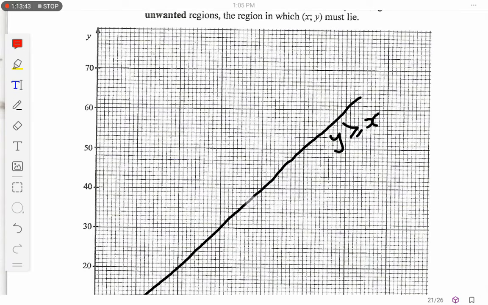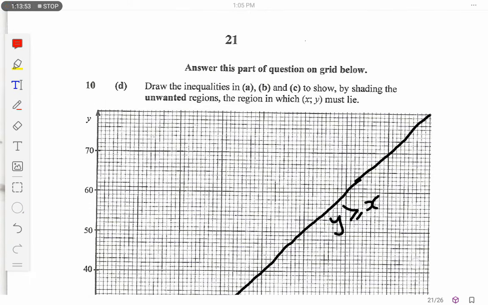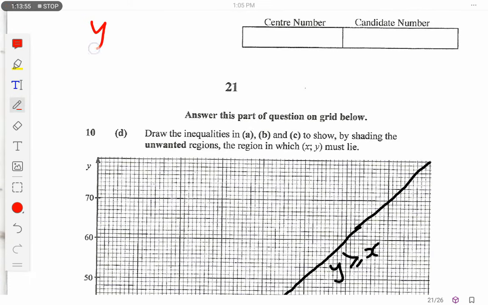So this is my y is greater or equal to x, like that. Okay, then the next one, let me use a different color there. The next one is y is less than 3x. If I say my y is less than 3x, I do my table x, y. 0, 0 is 0 there. If I take x is 1, y is 3.